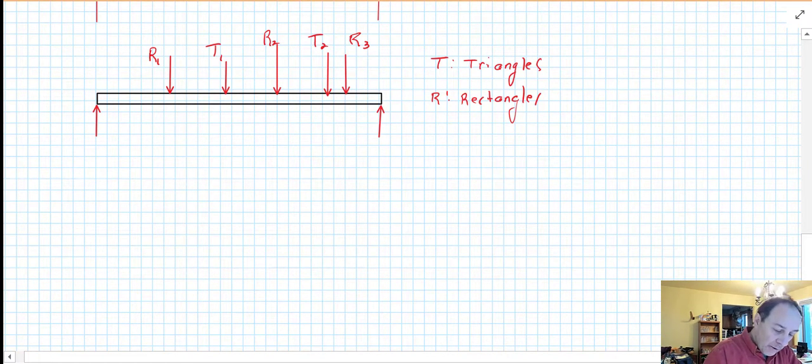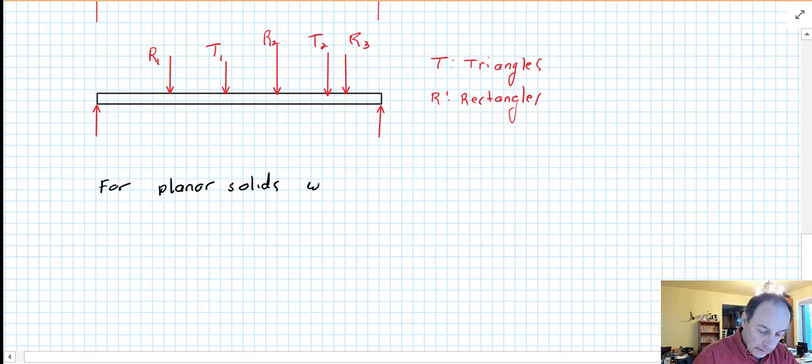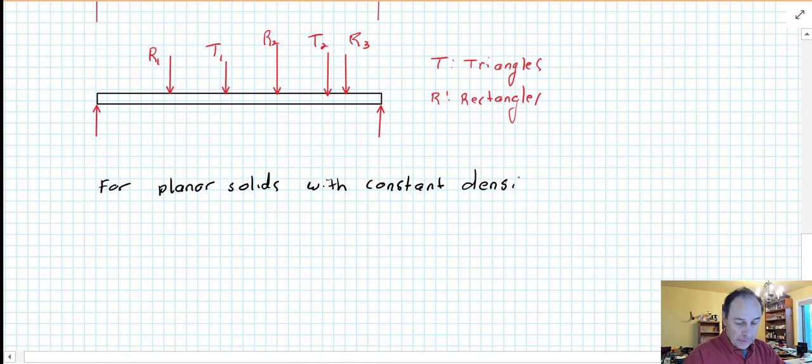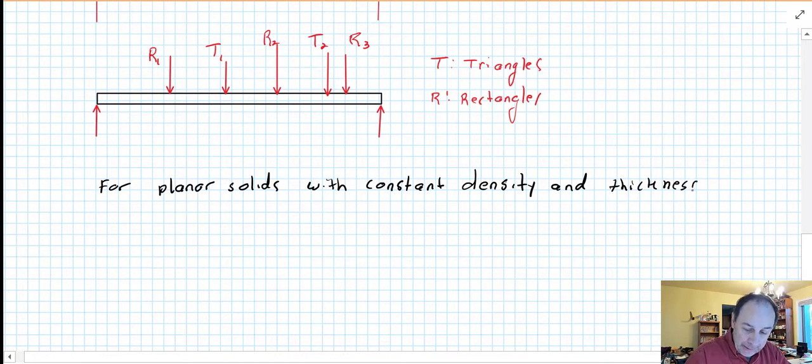Now, for planar solids with constant density and thickness, in the way I've been drawing these, that would be the z direction, we can simplify our expressions.